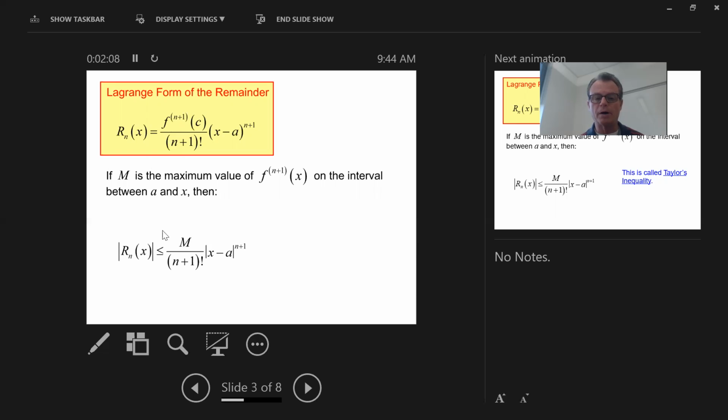This whole numerator got replaced with M, which is short for the maximum value. And then this is the absolute value of the remainder. We don't care if it's positive or negative. We care how much it's off by, the magnitude that it would be off from the function.